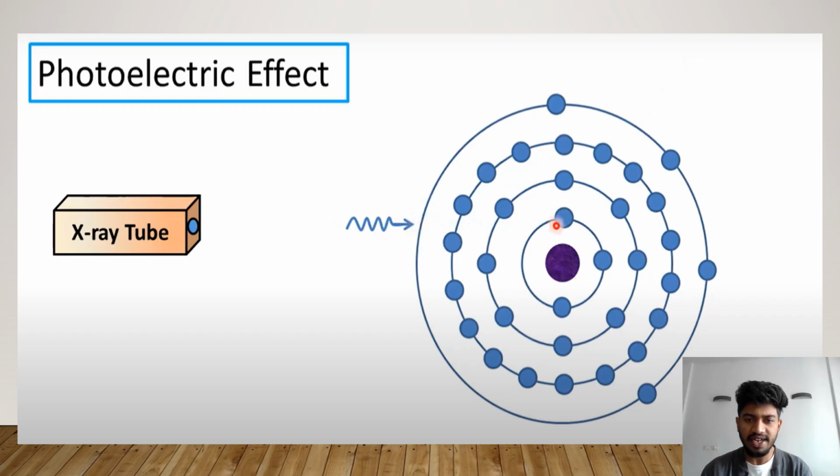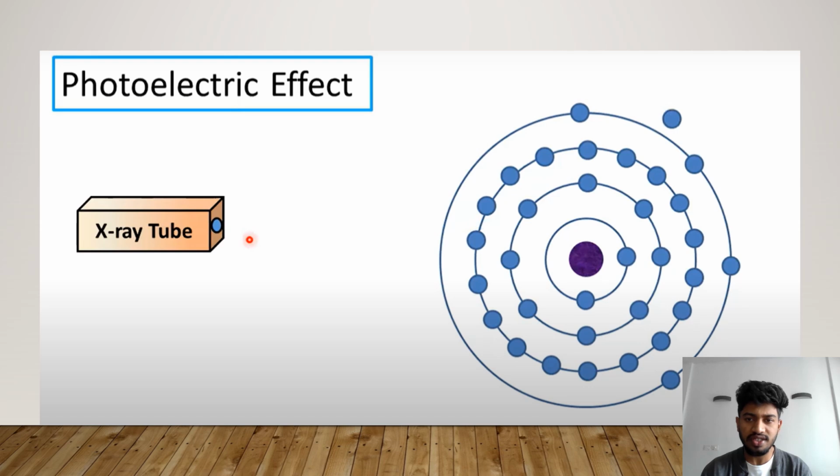When it gets incident, it will penetrate into the orbits, and the core electrons will be knocked out or ejected from the shell they are present in. Here you can see that one electron is knocked out of the sample. This knocked electron is called the photoelectron.